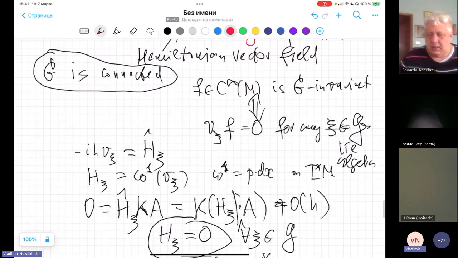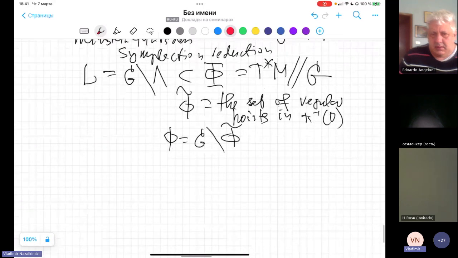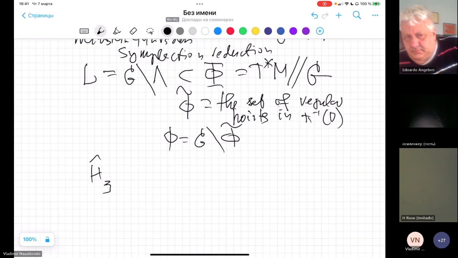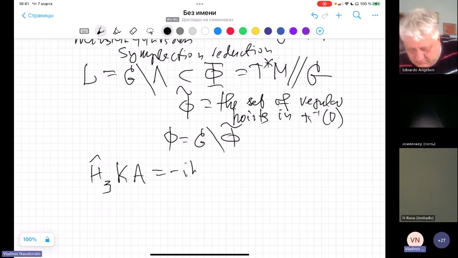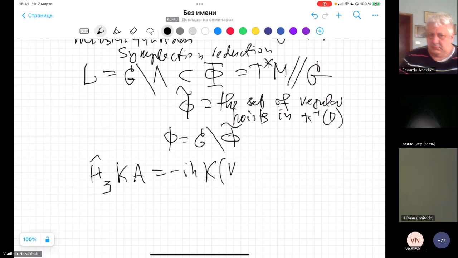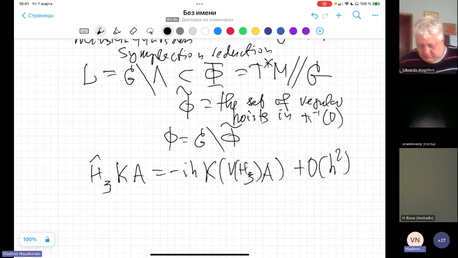And now we see that the commutation formula is as follows: h psi k a is minus ih k v h psi a plus O of h square.